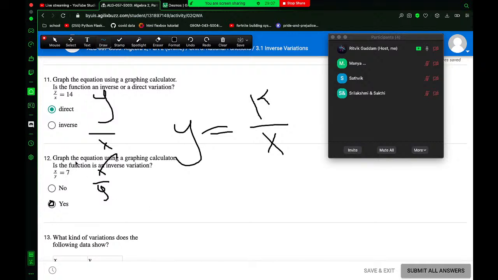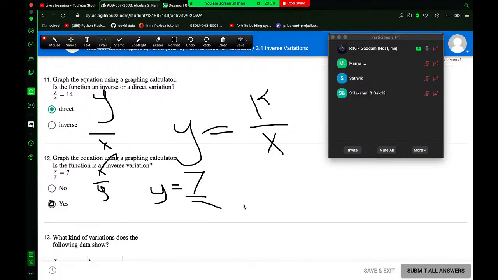So that means that if you solve for y in this case, you get x, or if you solve for y in this case, then you're going to get something like y is equal to 7 over x. Let me check that.